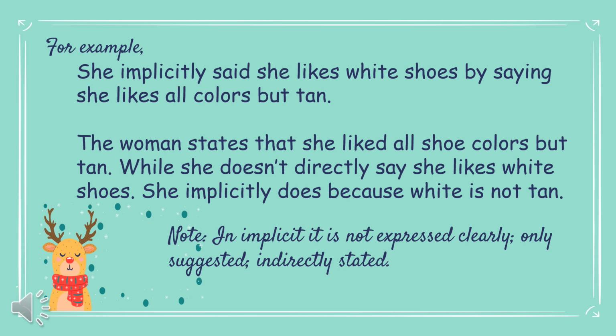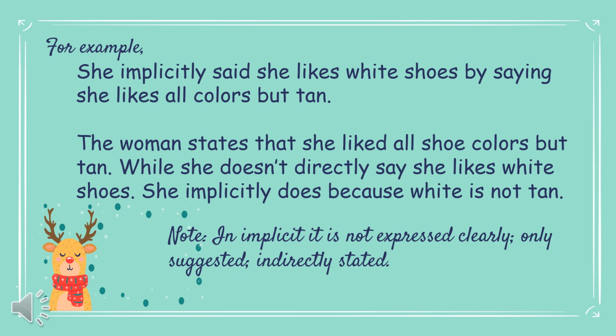Here, class, in this example, this woman simply states that she liked all shoe colors, however, not tan. Well, she doesn't directly say she likes white shoes. She implicitly does because white is not tan. Take note, class, that implicit is not expressed clearly.